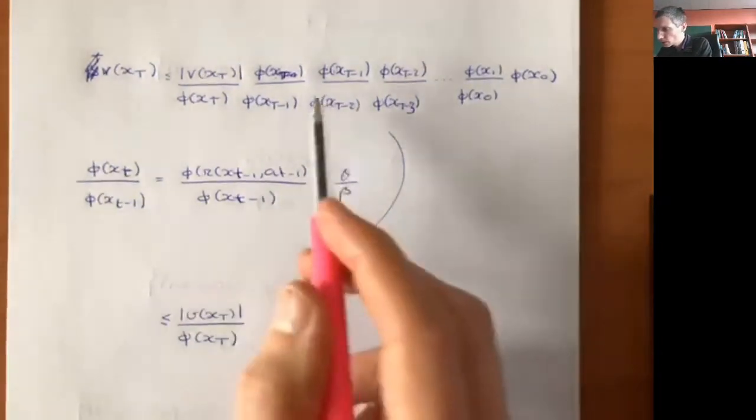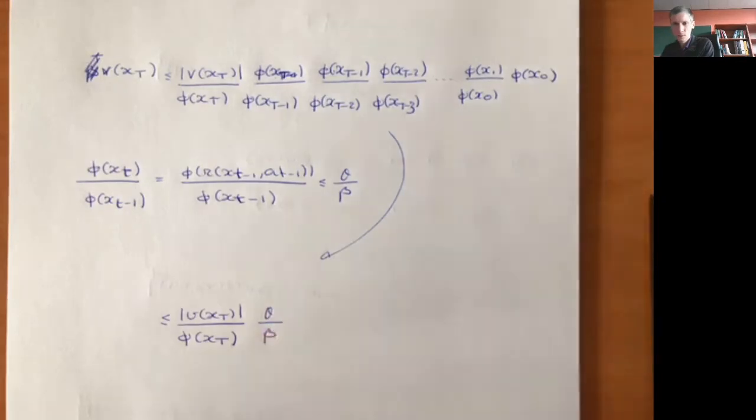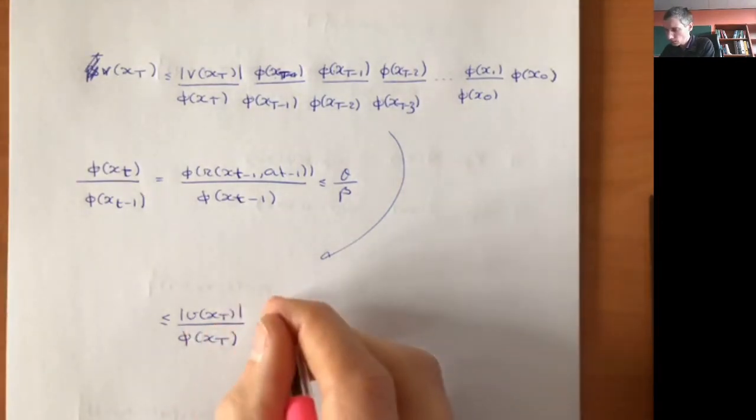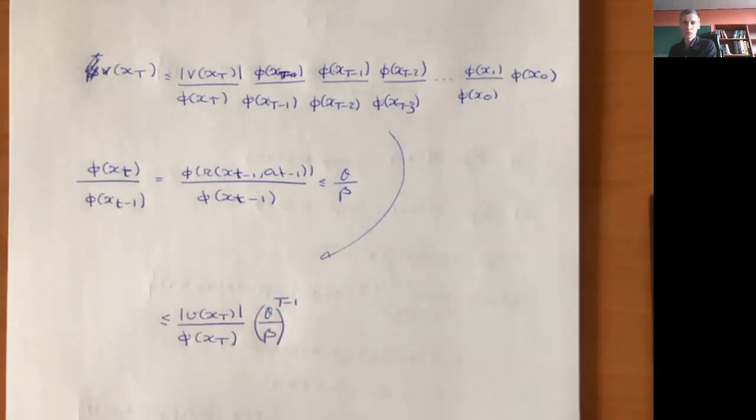How many do I have? Well, I think t minus 1. It could also be t, okay, but it doesn't matter. It's fine as long as it goes to infinity. I'm happy.